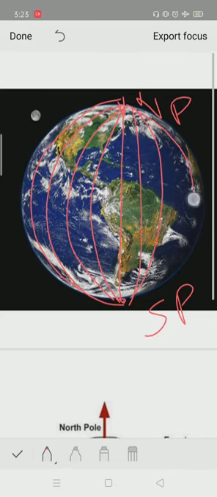Now see, when we were talking about latitudes, it was north and south, 1 degree north, 1 degree south. Now here, what directions do you think it is coming down to? East and west. Can you see? One is moving towards the west, and this is moving towards the east, right?